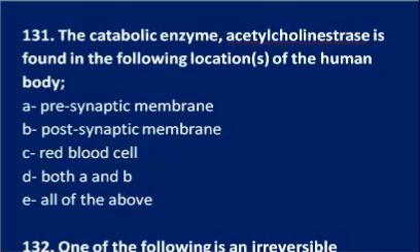Option A is presynaptic membrane, B postsynaptic membrane, C red blood cell, D option is both A and B, and E is all of the above. So the correct option in these is E, all of the above, because acetylcholinesterase enzyme is found in all these sites of the body.